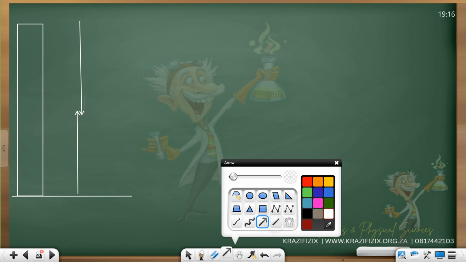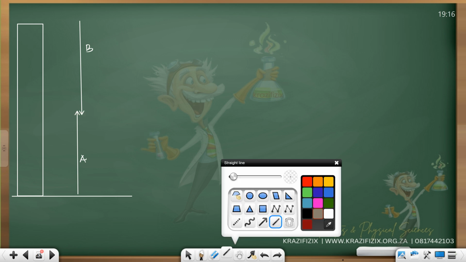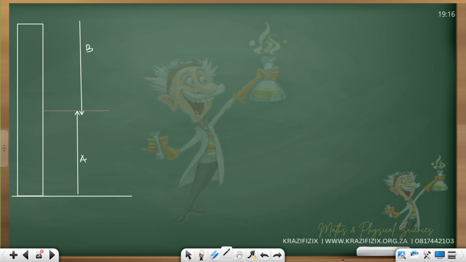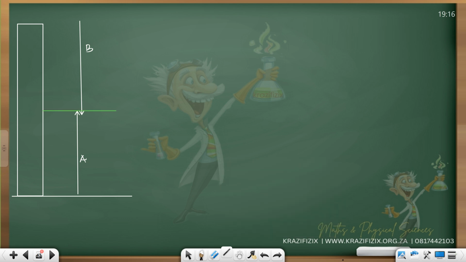The question is, how high is ball A when these two objects actually pass each other? When I say height, height is always measured from the ground. This is the height I'm looking for.